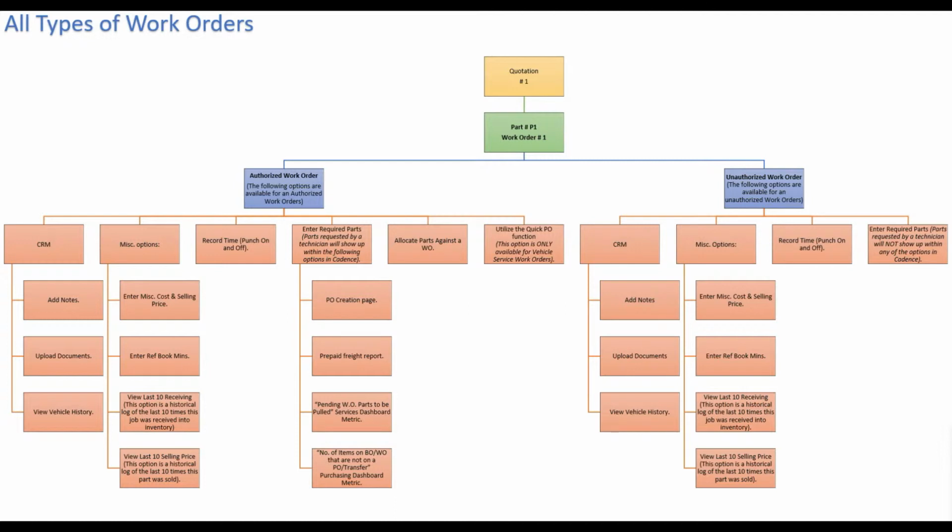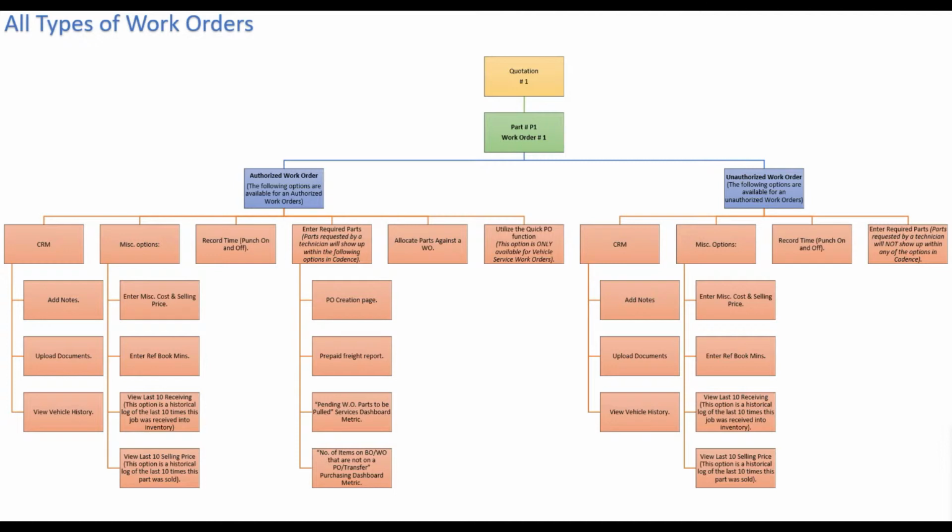Essentially you have an option to enter that type of data, which would then reflect throughout what we call your work order summary page, which shows exactly what your true cost would be, as well as what you should truly be selling your overall finished good to the customer at.